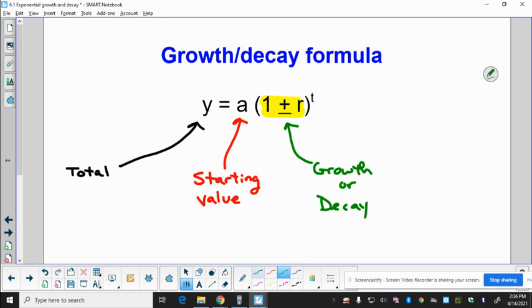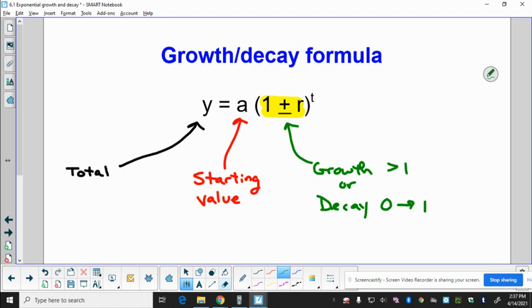So growth is if this value is larger than 1. Decay is if this value is in between 0 to 1, just like you saw with the decay graph.